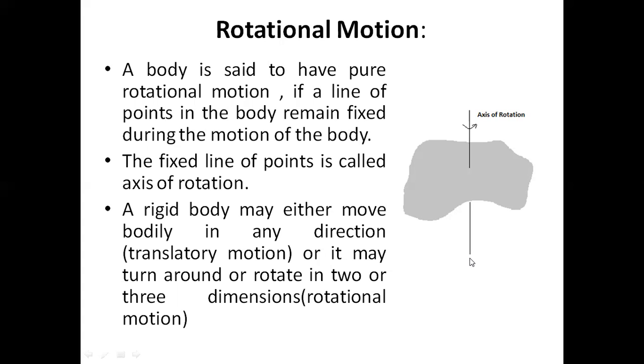During motion, the body may move in any direction, that means it may have a translatory motion, or it may turn around and rotate in two or three dimensions, that means it may have rotational motion. So whenever the body is in motion, it may have a translatory motion or a rotatory motion.